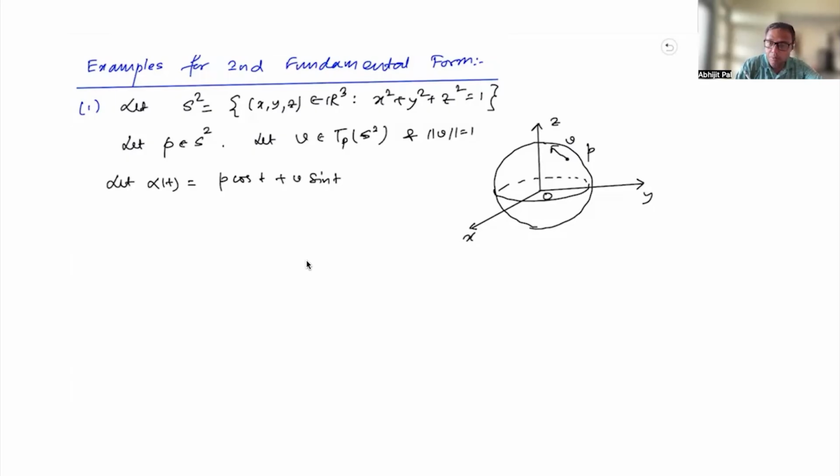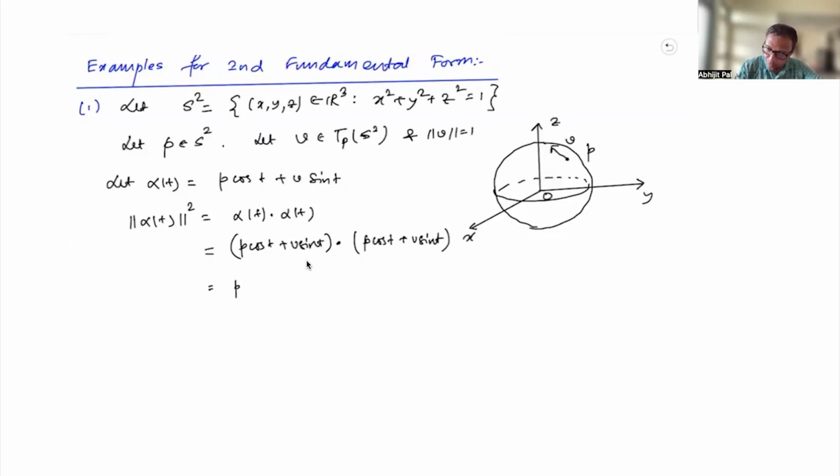If I take the norm of alpha(t) and take the square of that, then norm of alpha(t) squared will be equal to the dot product of alpha(t) with alpha(t), which is equal to (P cos t plus V sin t) dot (P cos t plus V sin t).